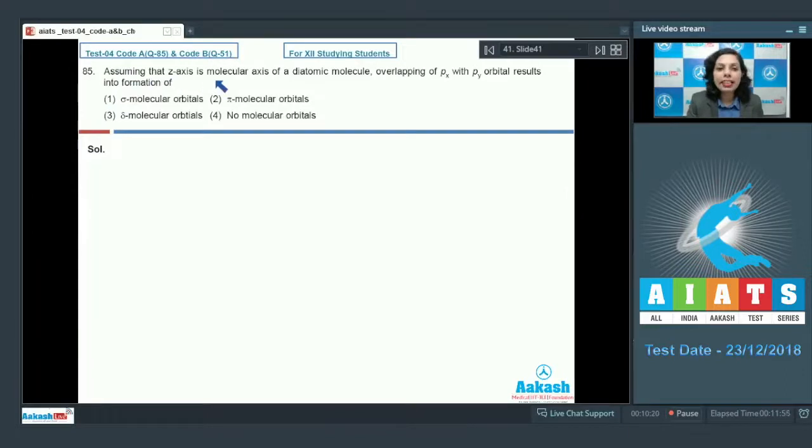Assuming that the z-axis is the molecular axis of a diatomic molecule, overlapping of px and py orbitals results in the formation of. One thing you should note here is that we are talking about 2 orbitals, and z is assumed to be the internuclear axis. In 3D, one is the px orbital.